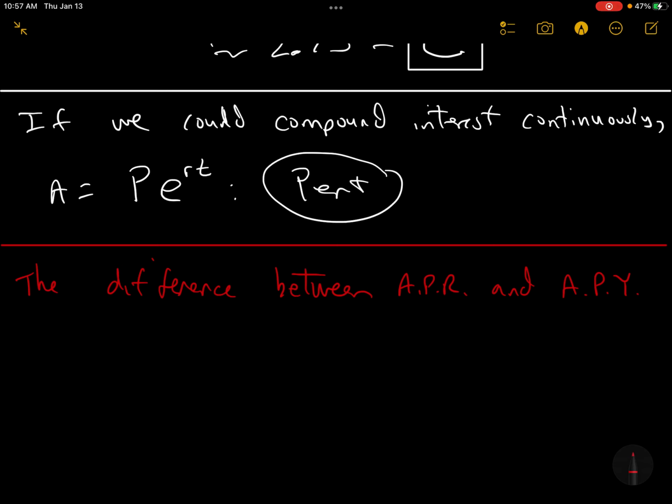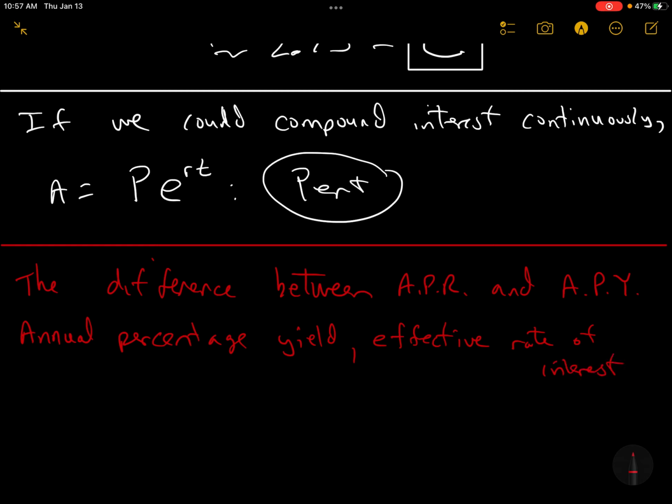So APY stands for what? Annual percentage yield. And your book uses the term effective rate of interest. So no book is perfect. I would prefer to use APY because that's what I've seen since I was 14.